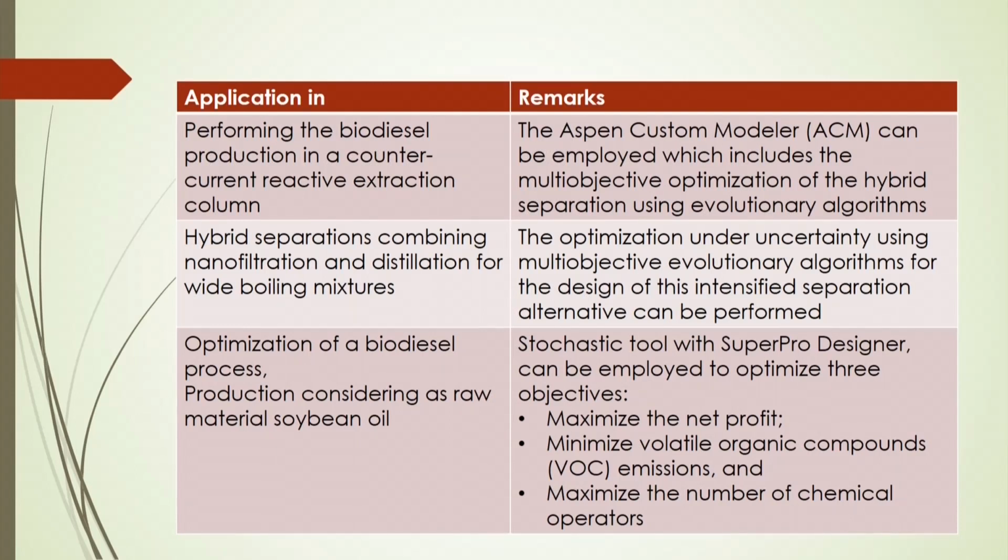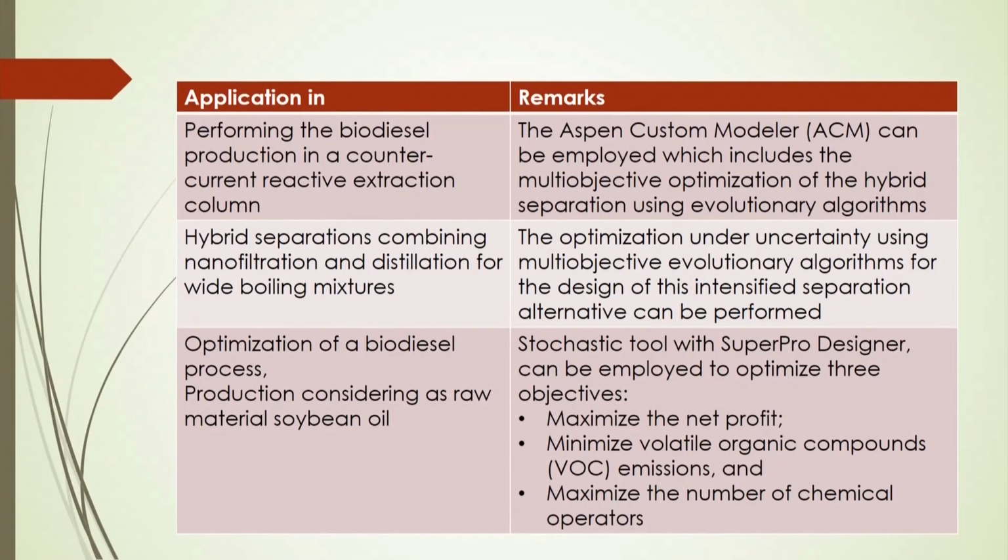And also optimization of the biodiesel process, considering in that case production with soybean oil as the raw material. In that case you can do the optimization by a stochastic tool with the SuperPro Designer tool, and that is useful to optimize the three objectives of this type of problem: maximize the net profit, maximize the number of chemical operators, and also minimize the volatile organic compounds emitted during the production process.